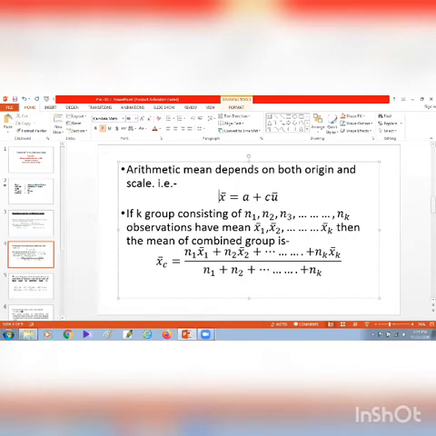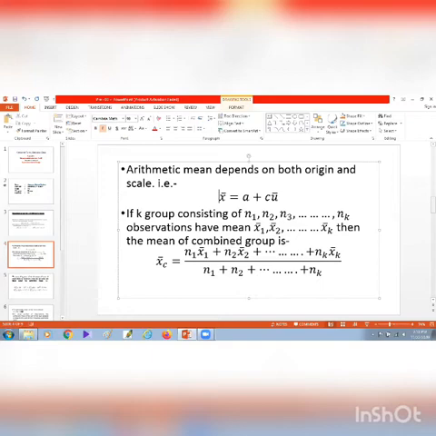Here, x bar and u bar are the arithmetic means of the old variable and new variable, and a and c are the origin and scale respectively. Then, if there is more than one set of observations, and we want to determine the combined mean, then the next property is applied.